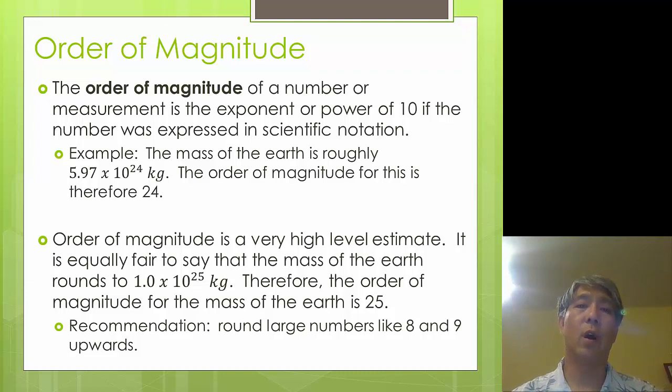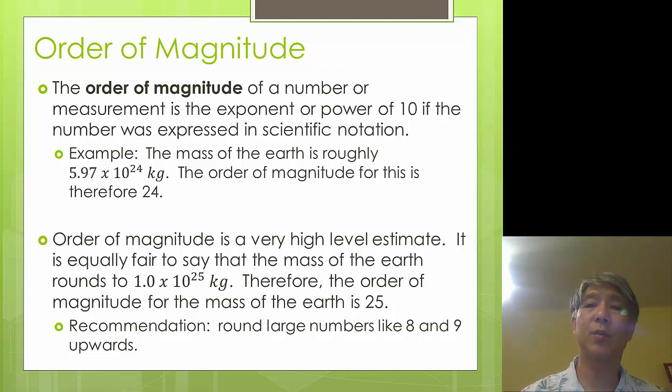So the reason we talk about order of magnitude is because a lot of times we're just talking about rough estimates in physics. You know, does it make sense? Does it not make sense? If you're orders of magnitude off, then your estimation's not really good. If you're plus or minus 1, that's a pretty good order of magnitude. Okay, you're within 10% of the right number.